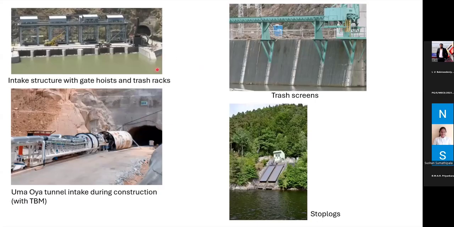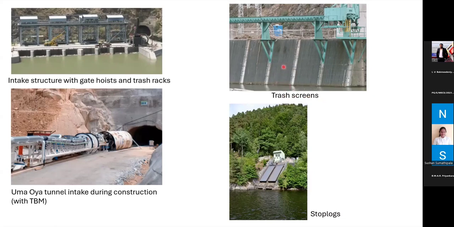Here we have photos of the intake. You have the intake structure, and on the left top you can see that structure. The tunnel intake has this gate hoist as well as this intake structure, which has the trash screen. I have a separate photo for that.